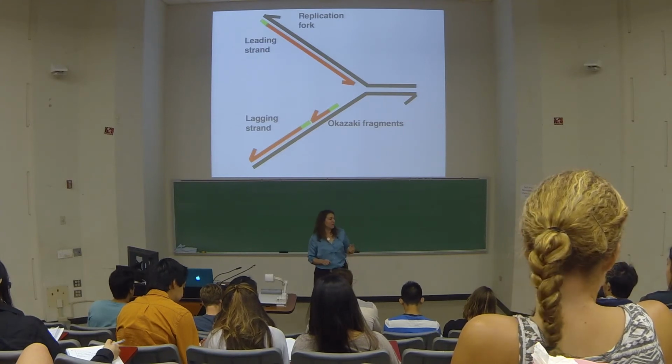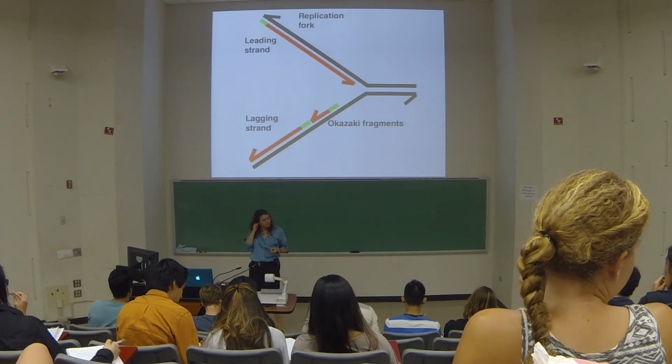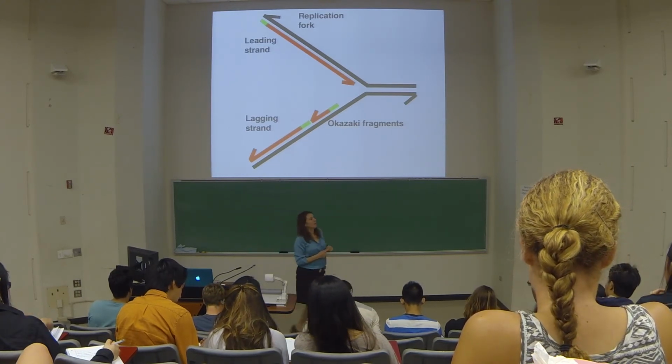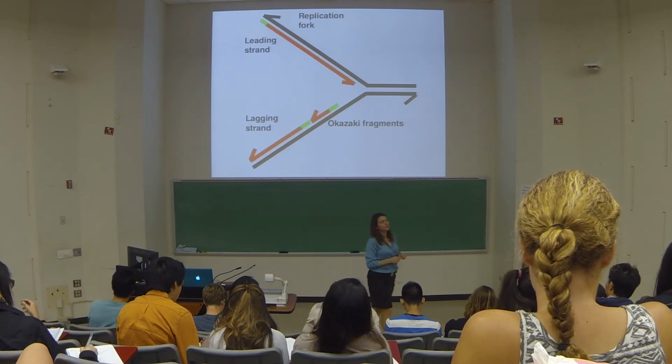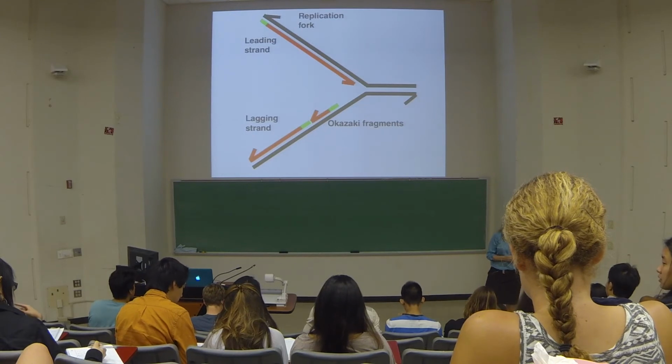Polymerase 1 comes in and replaces the RNA primers on the lagging strand. Eukaryotes have multiple polymerases as well, just to be difficult, they're called different things. We'll talk about those probably after the first exam.